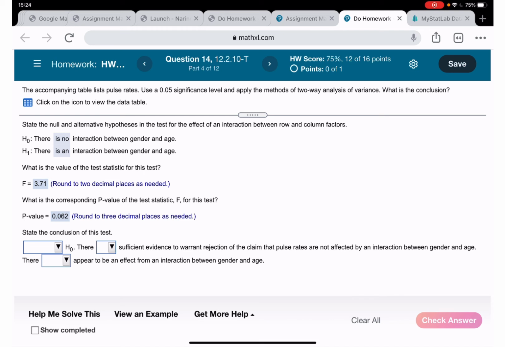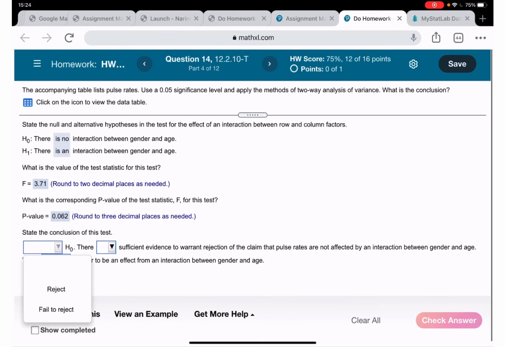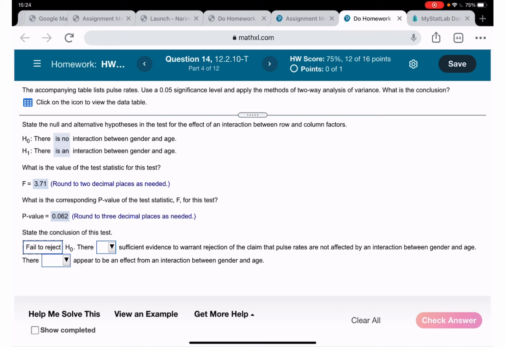Okay, so from here we need to draw a conclusion. P-value is 0.062, our alpha is 0.05. The p-value is greater than alpha. That means we fail to reject the null hypothesis. If we fail to reject, that means there is not sufficient evidence to warrant rejection. We can't reject. Therefore, we say there is not sufficient evidence.